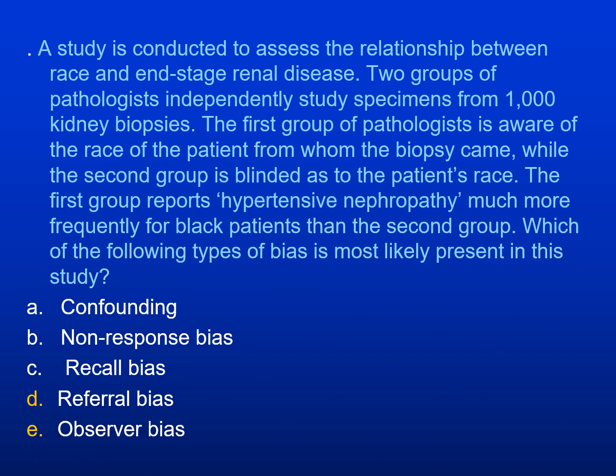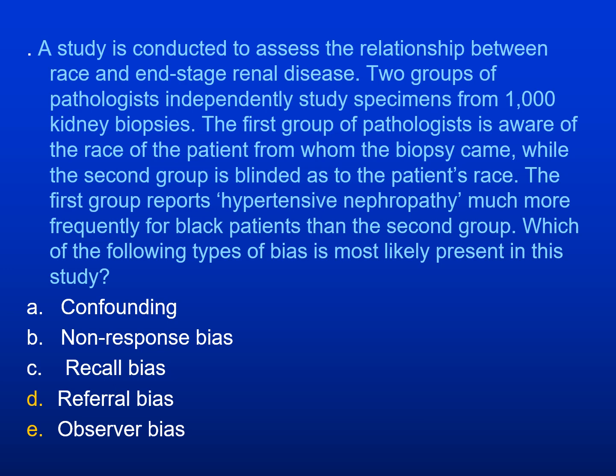A study is conducted to assess the relationship between race and end-stage renal disease. Two groups of pathologists independently study specimens from 1,000 kidney biopsies. The first group of pathologists is aware of the race of the patient from whom the biopsy came, while the second group is blinded as to the patient's race.